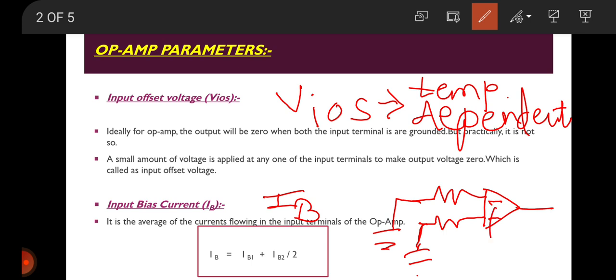Therefore, the currents flowing into the two terminals, suppose this is IB1 and this is IB2. The average of these two currents is called as input bias current. So the formula is: IB equals IB1 plus IB2 divided by 2, that is average.